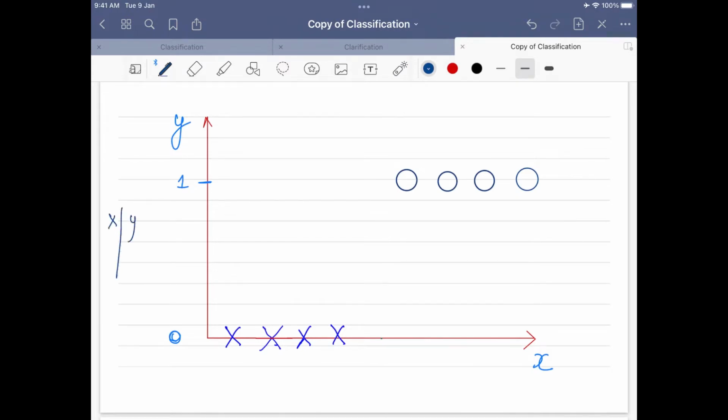So you can see now I have a table of data points with X and Y, with several values of X. The only difference between this and linear regression is that here Y has only two values, 0 1 0 0 1 1, either 0 or 1. Whereas in the regression setting, Y will have multiple values, a range of values like 0.1, 0.7.